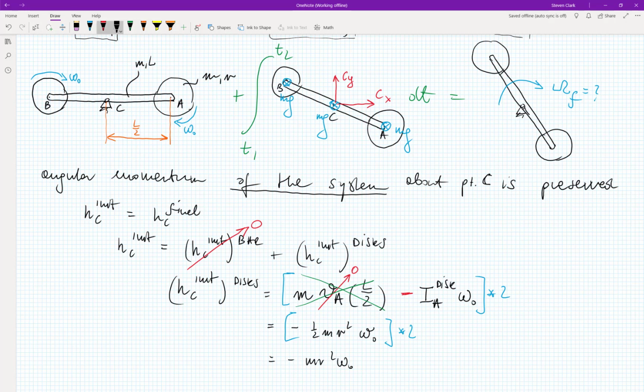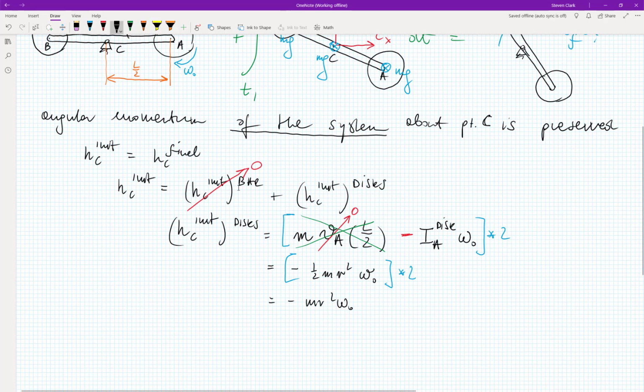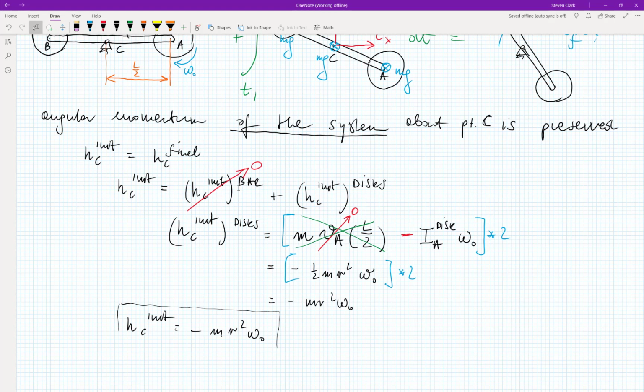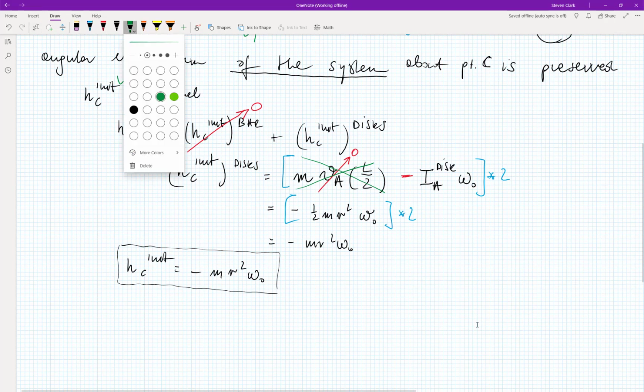Okay, so I think that we found H initial, right? So our HC init is minus m r squared omega 0. So 50% of the problem done. Let's do the remaining 50%. Let's do HC final.